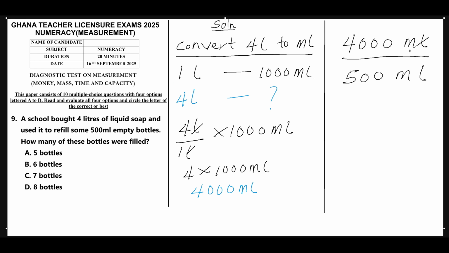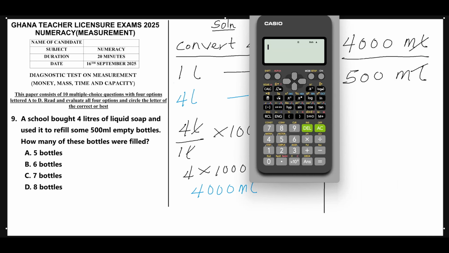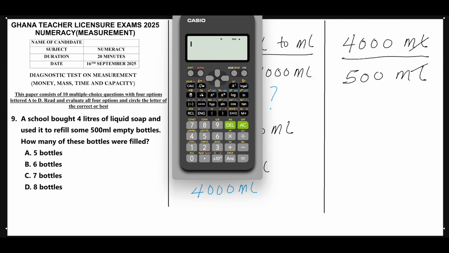So milliliters will cancel out. So what is 4,000 divided by 500? 4,000 divided by 500. So we have 8.